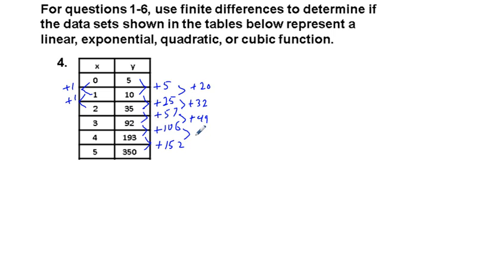That's going to be 42? That doesn't look right. I kind of messed up that last one there. Let me fix that here. Okay, then we have 350 minus 193, that's going to be 157.